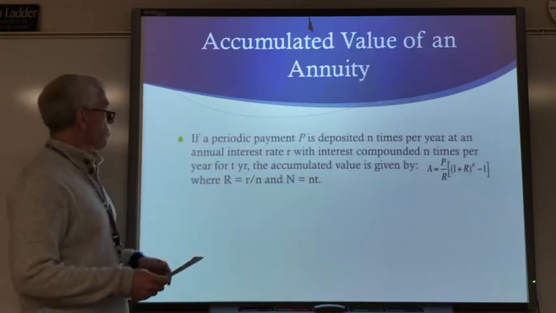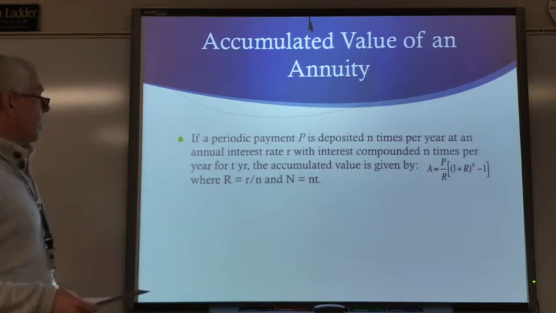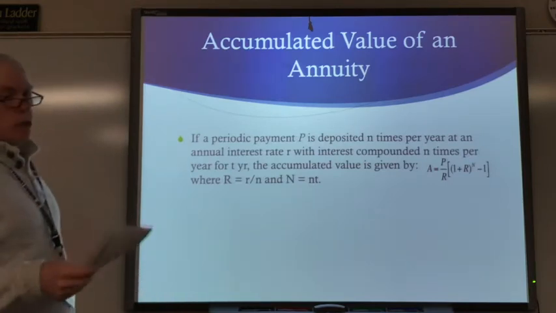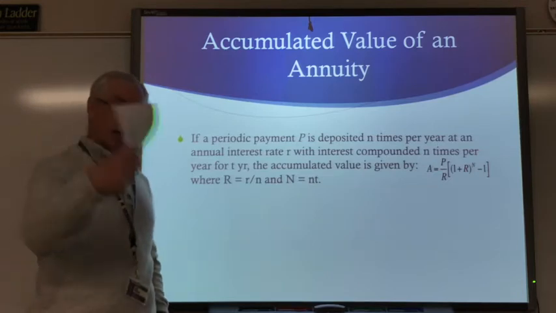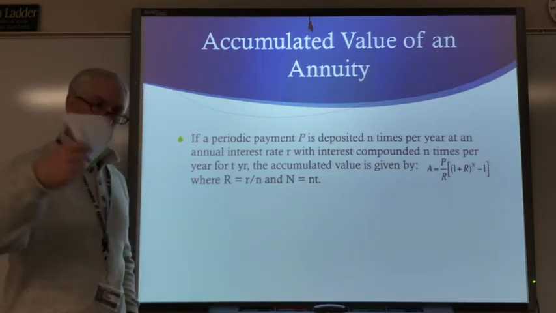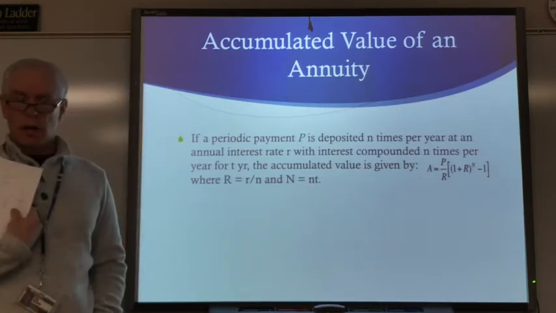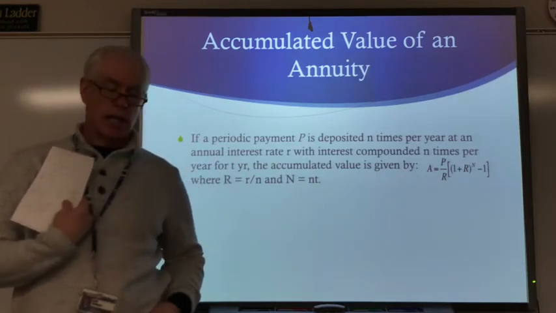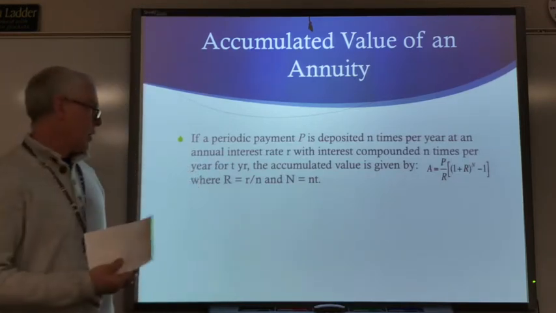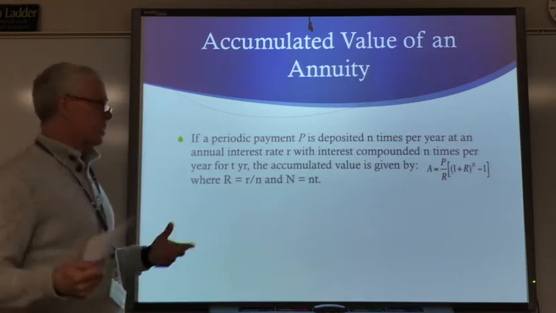Okay? All right, accumulated value. So this one's a little bit different. This is an annuity, so this is a situation where you're putting money in periodically. So like every month. I invest in my son and daughter's college education. I put $50 in every month. That's an annuity.